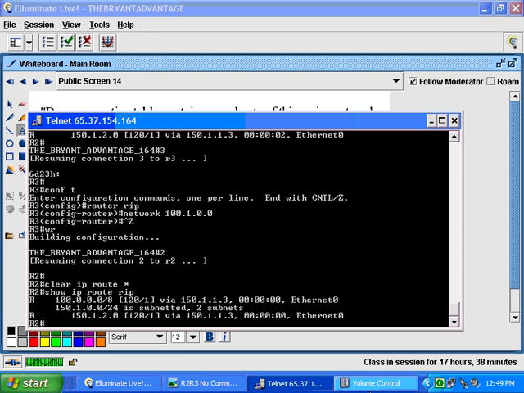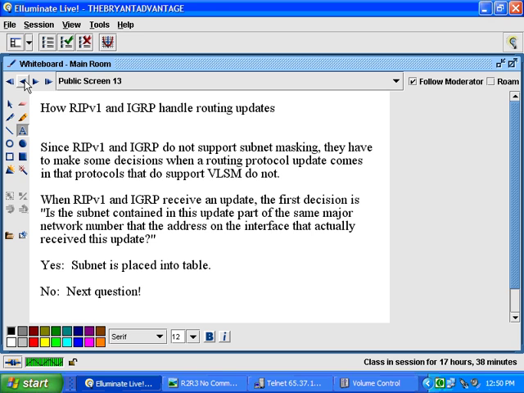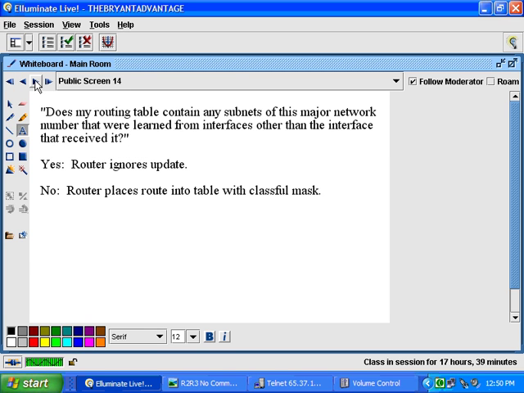But instead what happened is that the answer is no, and then the router placed the route into the table with the classful mask. Good stuff to know for RIP version 1 for exam day. It wouldn't hurt a bit. For down the road, it doesn't hurt a bit either to understand exactly what RIP v1 and IGRP are doing there.